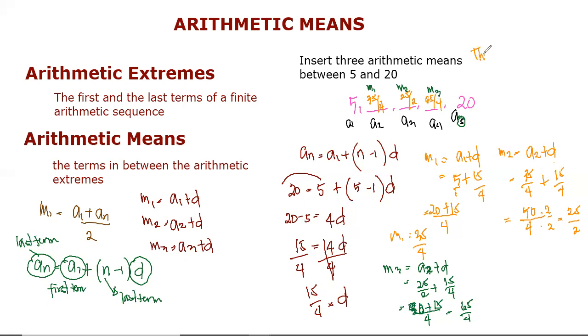Thus, the mean, okay, so thus 35 over 4, 25 over 2, and 65 over 4 are the arithmetic means of 5 and 20.